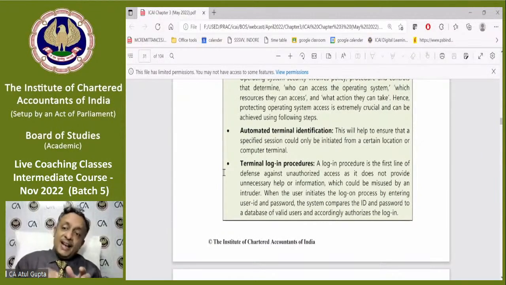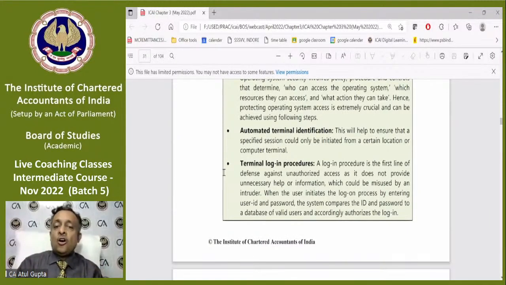But suppose my laptop is not working, I can access company data from my friend's or my colleague's laptop. When I log in through my colleague's laptop, I can log in, but I cannot create a file. I cannot modify a file. That is terminal identification, from which location the system is being accessed. You have given answers, I'll review.